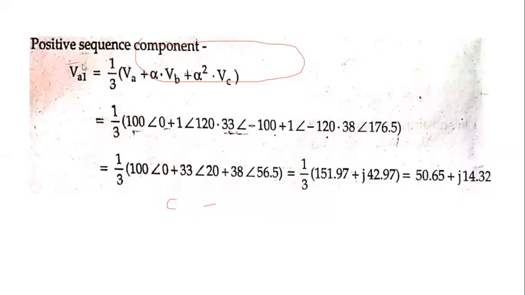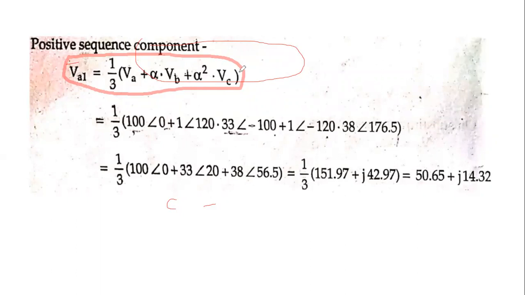Next we calculate the positive sequence component. The formula is VA1 is equal to 1 by 3 into VA plus alpha VB plus alpha square VC.